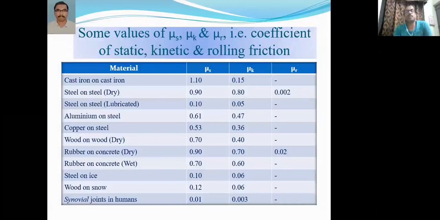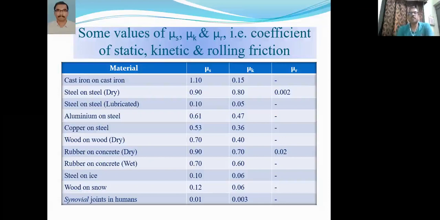For your interest, I have given a chart of comparison of some values of mu s, mu k and mu r, that is the coefficient of static friction, kinetic friction and rolling friction. You can see that for steel on steel when dry, mu s is 0.9, mu k is 0.8 and mu r is 0.002.